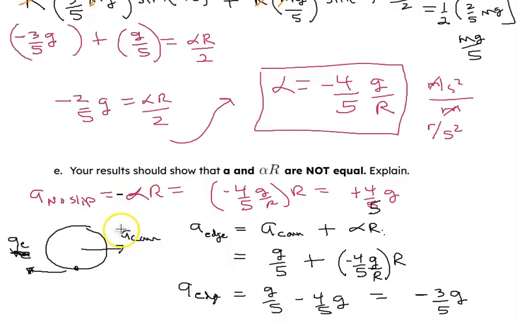So in order to not slip, that point of contact needs to be 0. So the no slip condition of V equals omega R means that the wheel is moving forward in space.